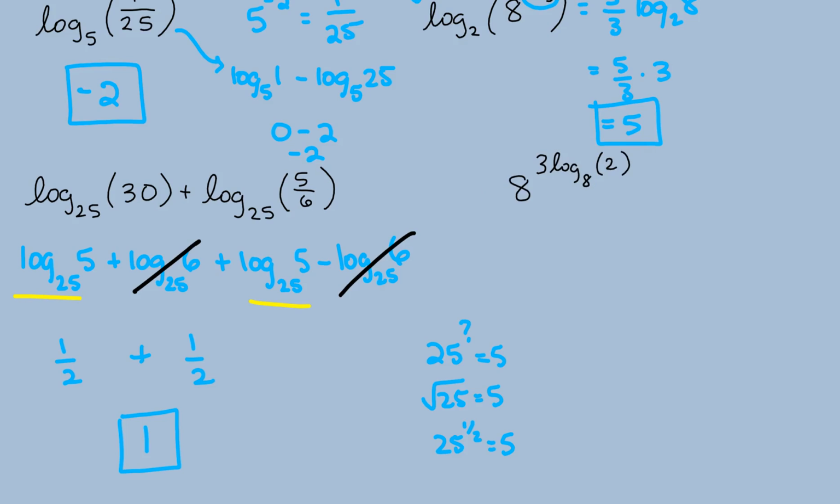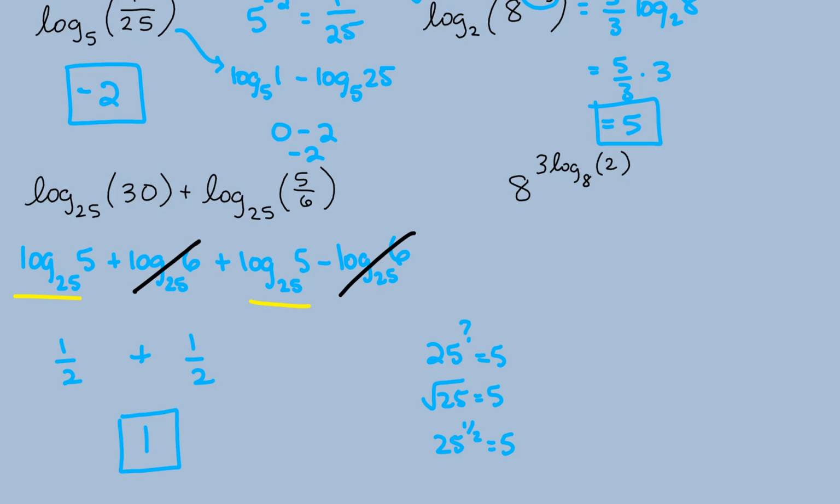Now we have 8 to the 3 log base 8 of 2. Well, did you know that if you have 8 to the log base 8 of, let's say, star, it's just going to be equal to star because inverse functions cancel. 8 to a power is the inverse of log base 8. They're going to cancel, leaving you with just star. So we almost have that situation here.